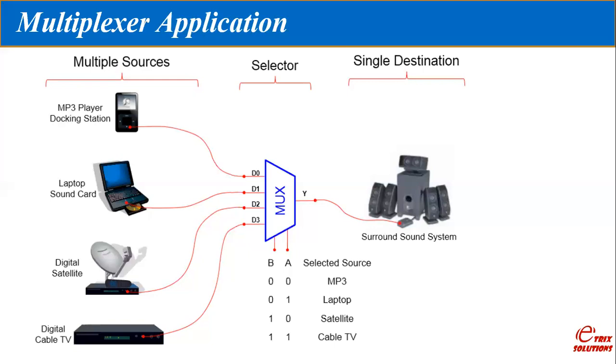And if you put 11 at the selection line, then the audio of the digital cable TV will play through the sound system. So, in this way, you can approximate the working or the function of the multiplexer.